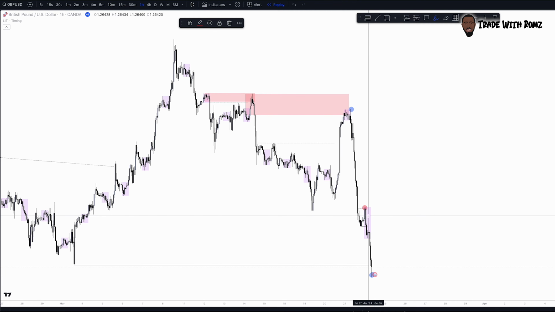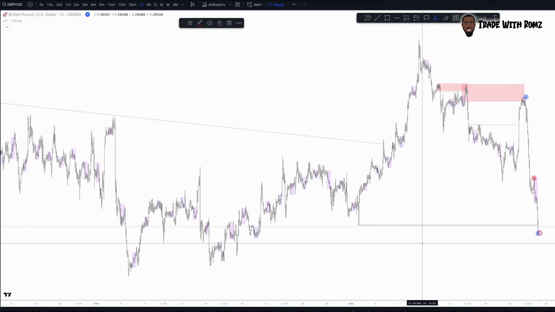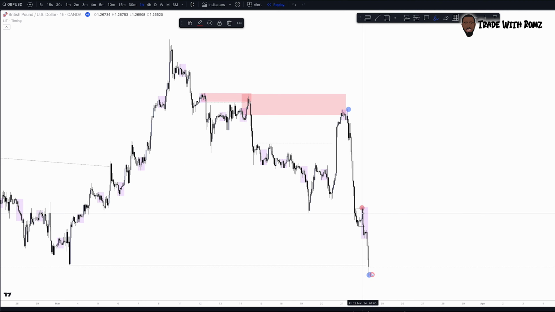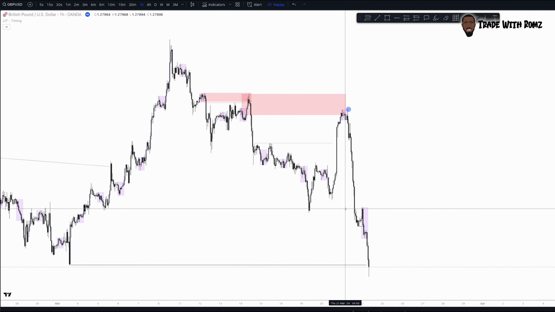So for me, because we are bearish, and because I do believe that we want more liquidity to the downside, I would look at this and think, okay, this is my first point of resistance. When I say resistance, I don't mean support and resistance. I just mean a place where price could reverse. This is our first point of interest. If price trades back into the range, perhaps it could respect this high, because it swept liquidity.